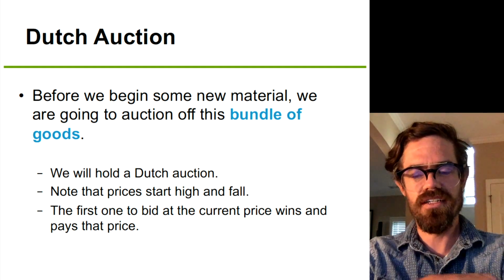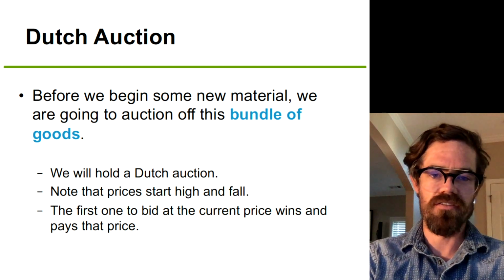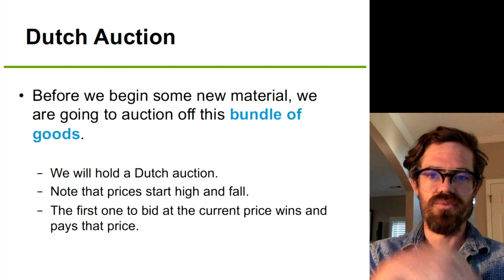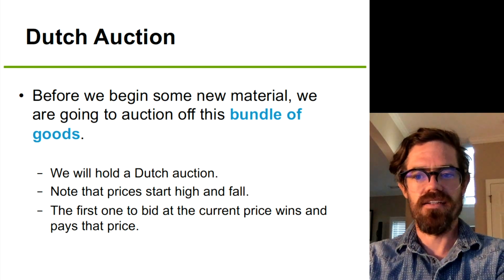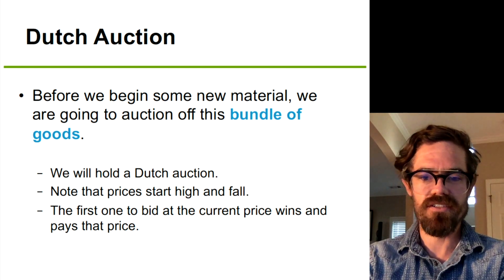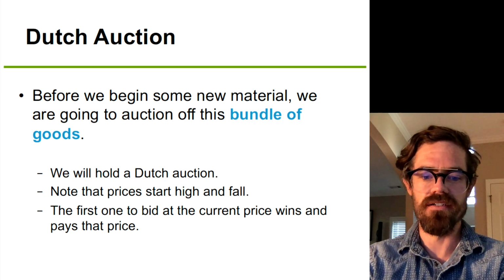So a Dutch auction is one type of auction. You've probably heard of English auctions, where the price starts relatively low, there's an auctioneer speaking very quickly, and people slowly bid up the price. The auction ends when no one will bid any higher, and the highest bidder wins.